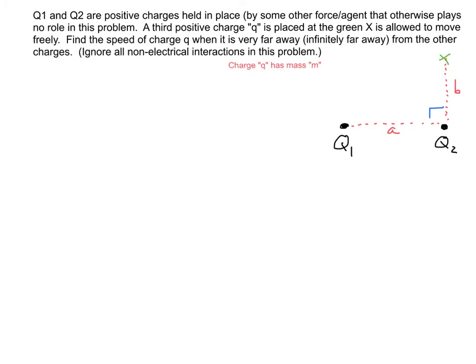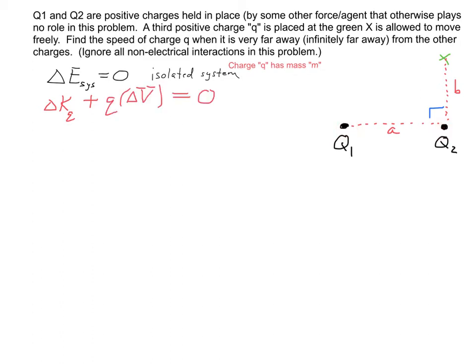And we know that the change in energy of an isolated system is 0. The change in energy of the system will consist of the change of the kinetic energy of this little charge q and the change of this little charge q's potential energy as it moves in the electric potential of these two other charges, Q1 and Q2.